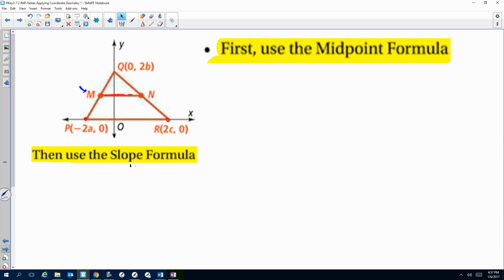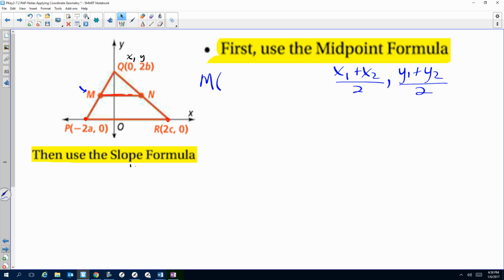Okay, our midpoint formula basically is just x1 plus x2, the average of our x's, divided by 2, and y1 plus y2 divided by 2, which is on your formula chart. So we're going to use this formula to find the coordinate of M. Now remember, we have different variables to represent the coordinates, but our ordered pair is always x and y.